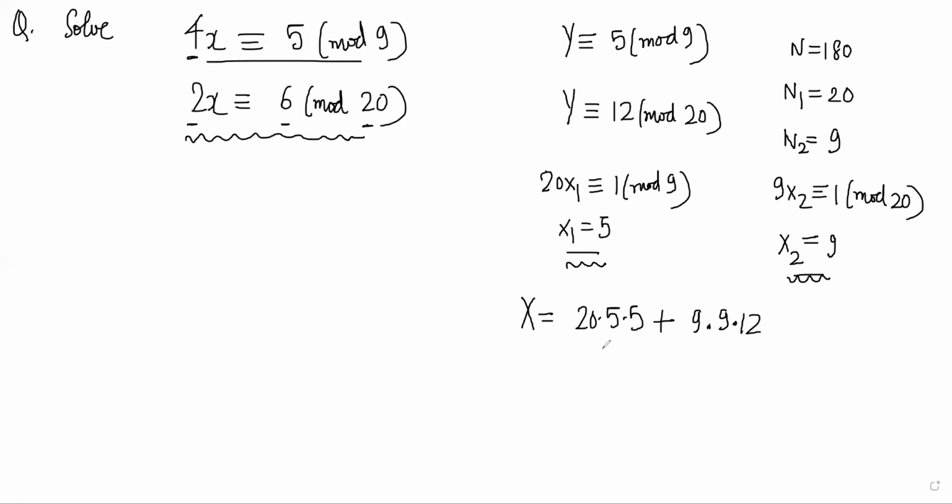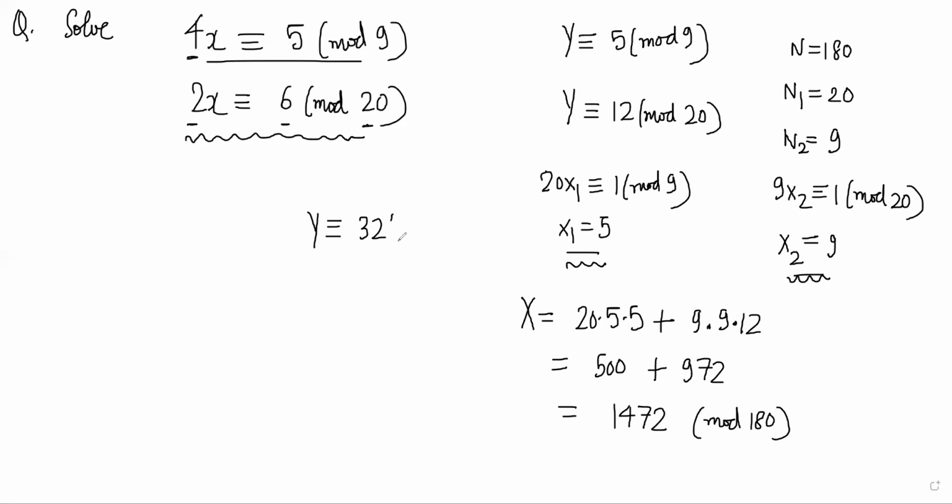So 500 plus 972, 81 into 12 is 972, correct. So you should get 1472 mod 180. Then minus 1440 is 32. So you're getting y is 32 mod 180, right?